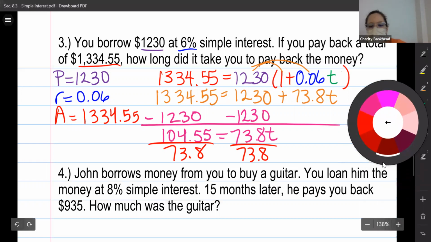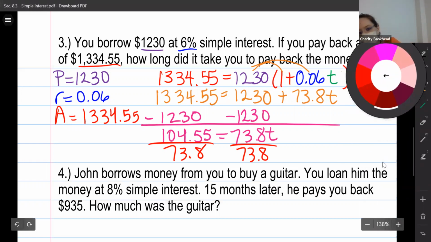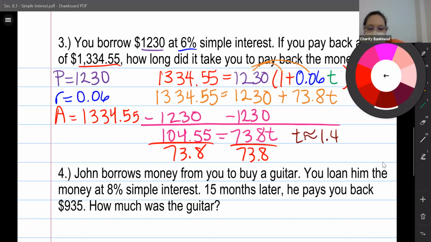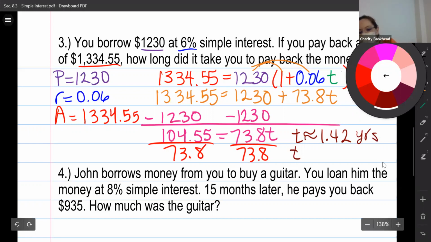All right, so then T is approximately equal to 1.42. If I take that number and I multiply it by 12, I get a very nice answer of 17. So I could say it's approximately 1.42 years, or I could say that it's equal to 17 months.